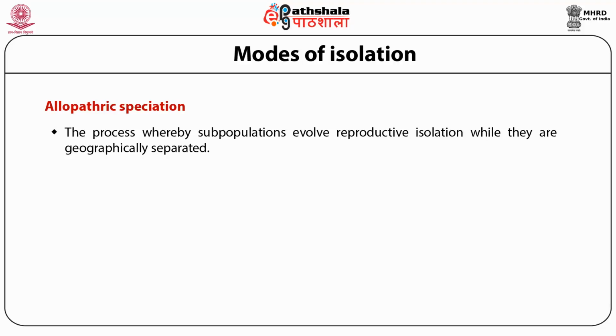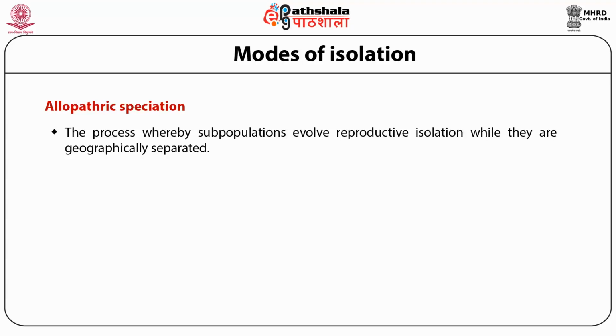For example, one subpopulation may have evolved a preference for a particular food resource, and another subpopulation may have evolved a preference for a different food source. When the two subpopulations are rejoined in the same territory, their distinctive food preferences may limit contact between them to such an extent that interpopulation mating never occurs.